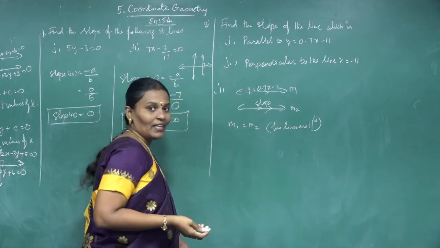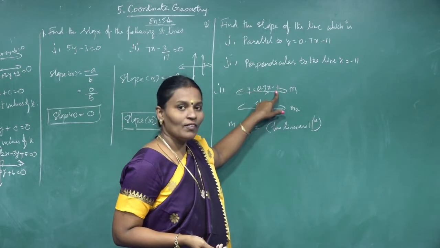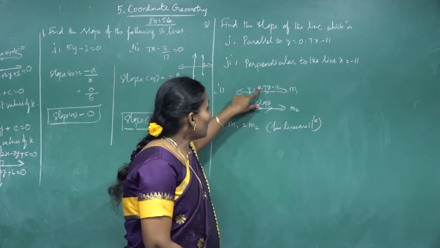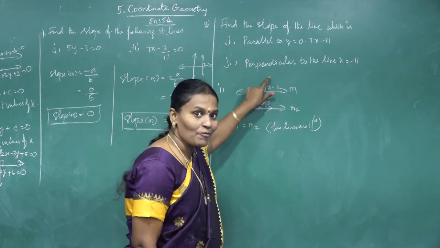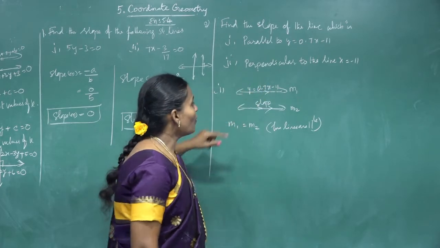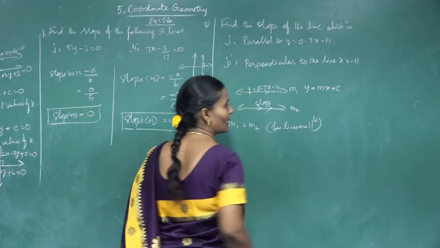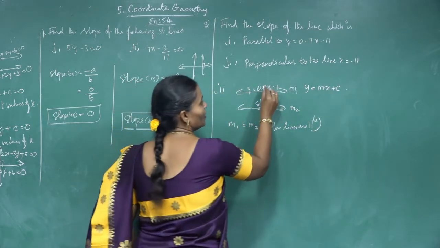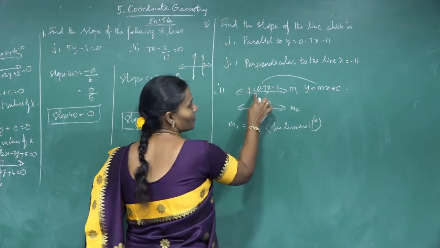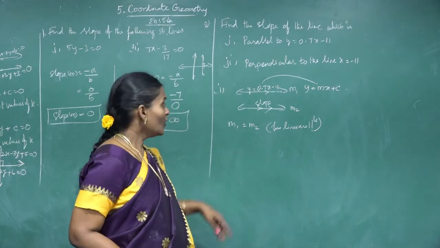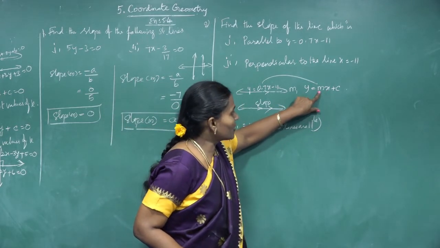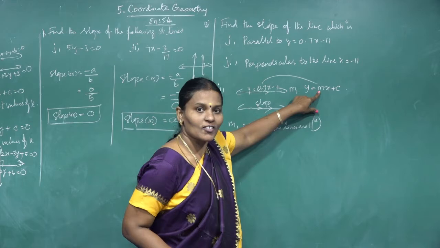Now find out the slope of this line. Very easy. This is in slope and y-intercept form, that is y is equal to mx plus c. Am I correct, children? Yes. So this is in that form, and the coefficient of x is the slope.